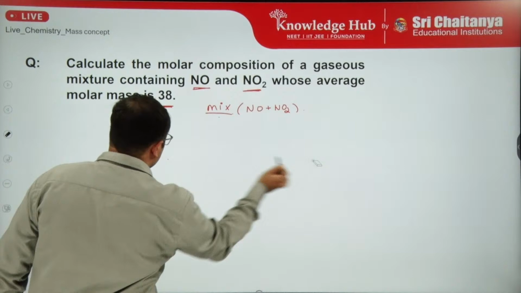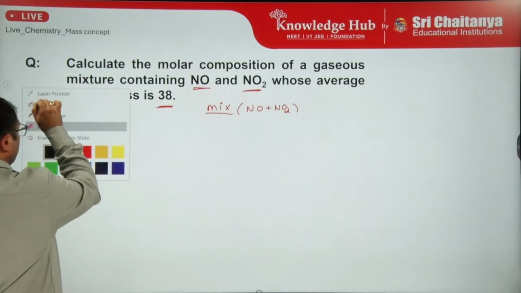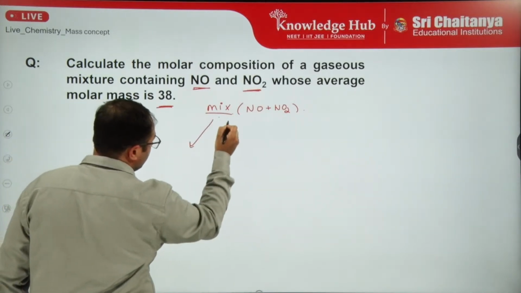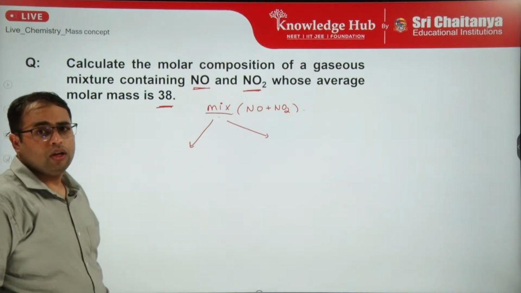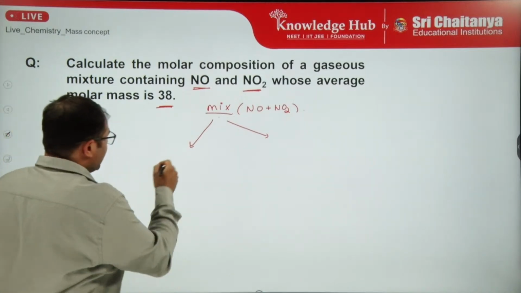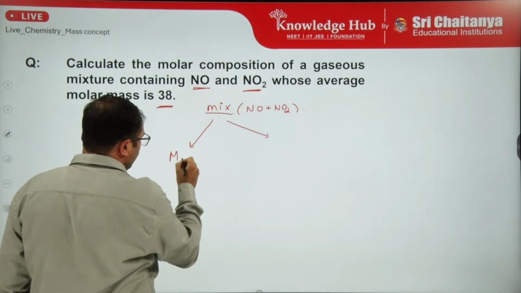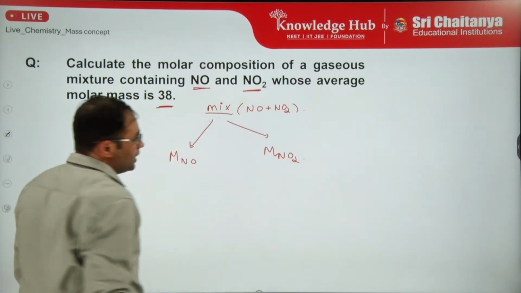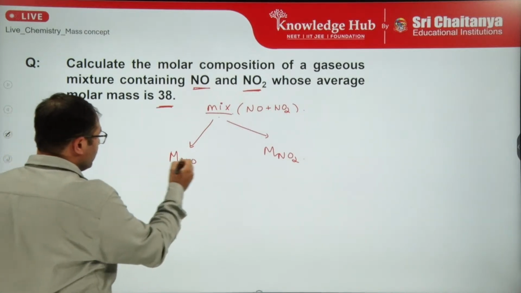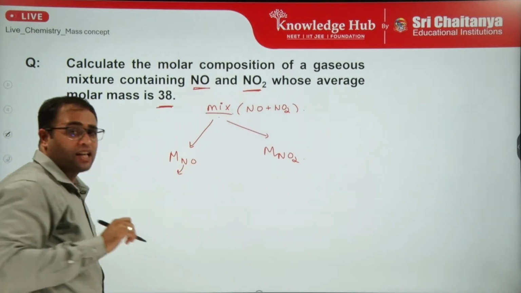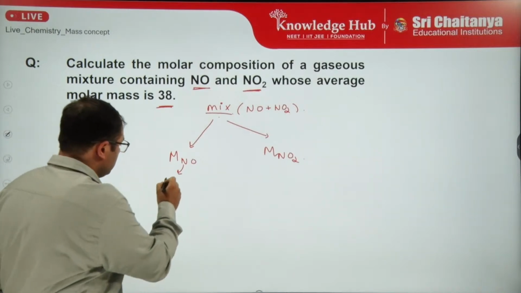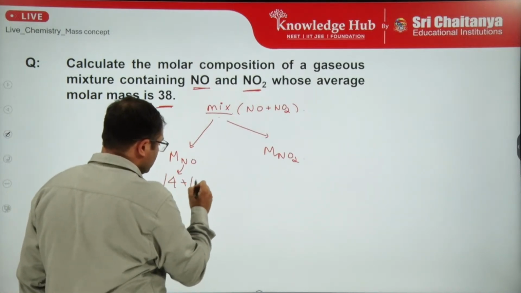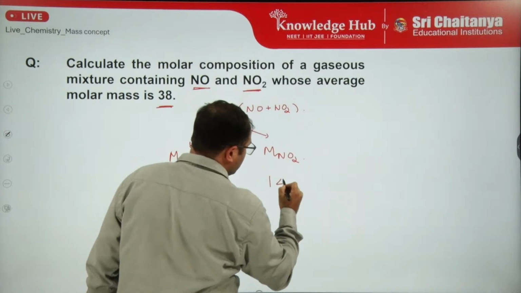So now let us first calculate the molar mass of NO and the molar mass of NO2. That is really essential for you to do, right? So nitrogen's mass is around 14, oxygen is around 16. Similarly, nitrogen is around 14.